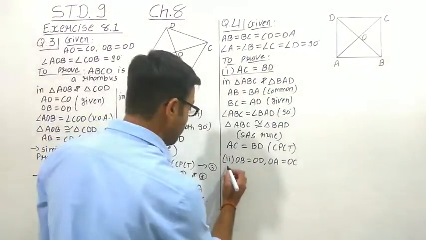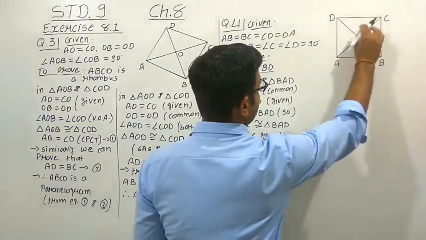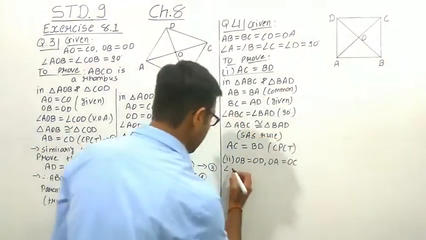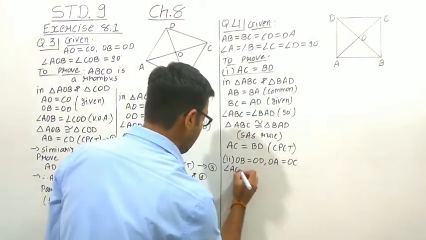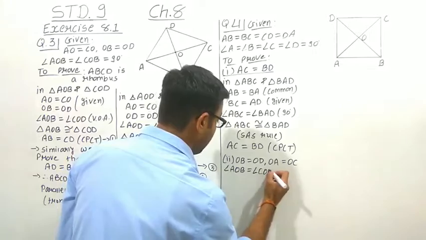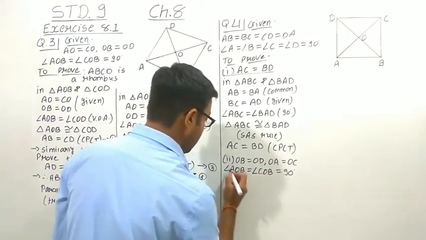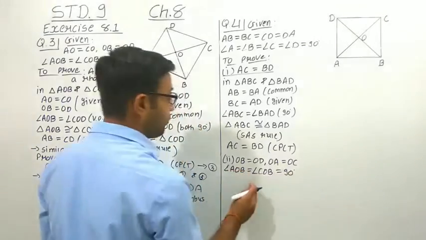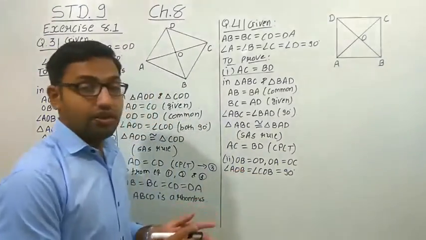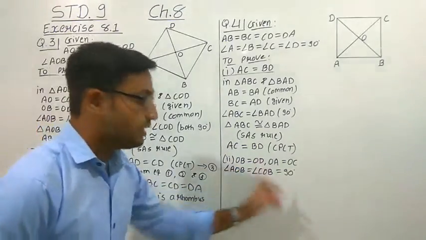Also we have to prove that all these angles are of 90 degrees. So we are considering two angles AOB and COB. Angle AOB is equal to angle COB, and that is equal to 90 degrees. See, this thing we have to prove here, right? If we can prove both of these things, we can say that the diagonals of a square bisect each other at right angle.